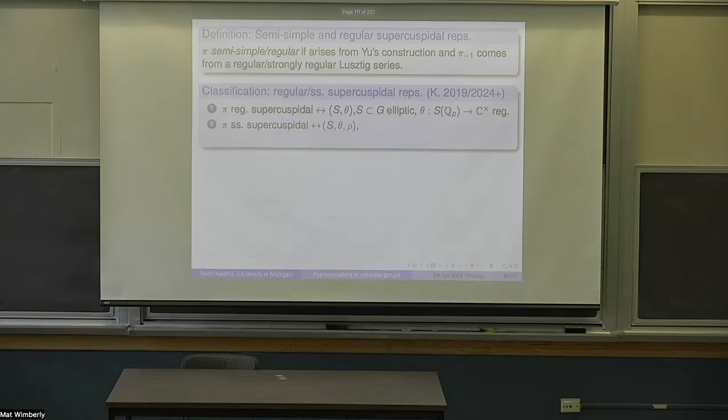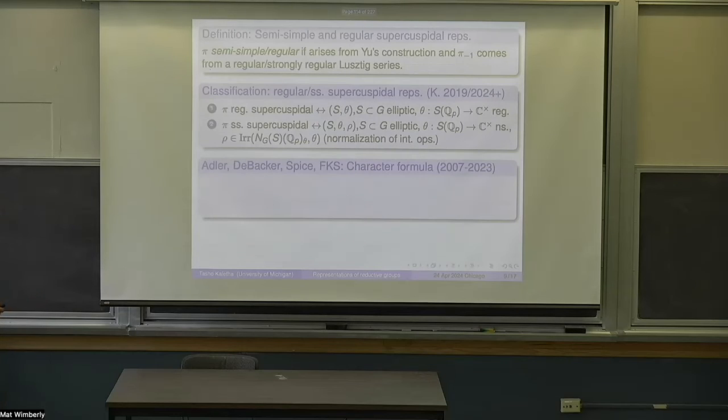And then the slightly more general case of semi-simple supercuspidal representations is classified in a similar way, just by a triple with another piece. Maybe I don't want to go into those details. And then there is the question of the character formula. This has been worked on over the last almost 20 years by various authors, Adler, DeBacker, Spice in various permutations.